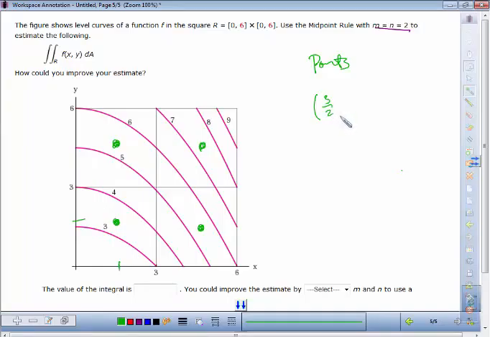That's 1.5, right? Here's another point. That's 4.5, 1.5. What's 4.5? 9/2. And then 3/2, 9/2, 9/2, 9/2.